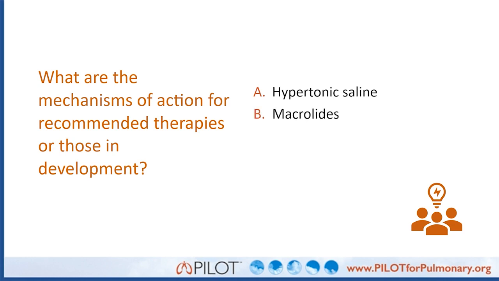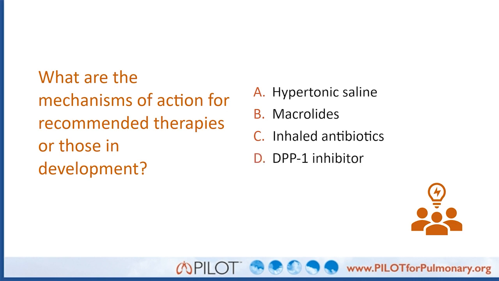The macrolides, as I suggested, might have an anti-inflammatory property, but we can't discount that it is an antibiotic. The inhaled antibiotics are typically used in those patients who have frequent exacerbations, and most commonly in those patients who have persistent infection with Pseudomonas, to suppress the infection. Oftentimes it is not successful with eradication.